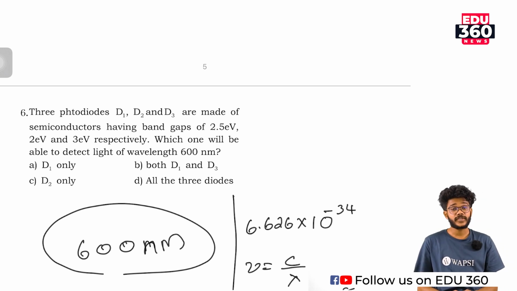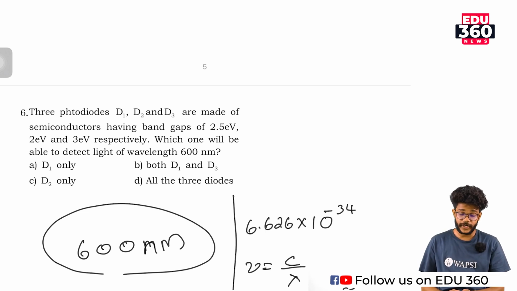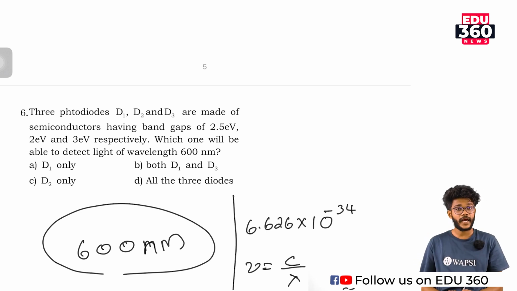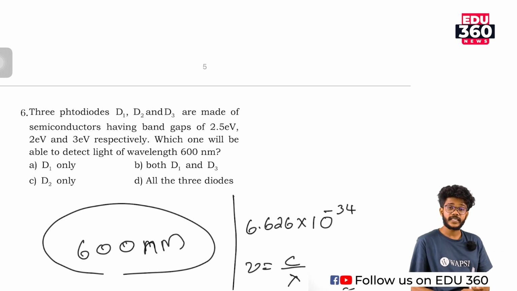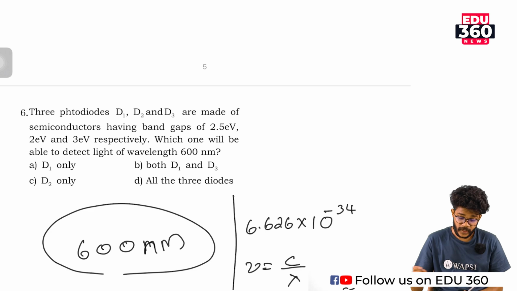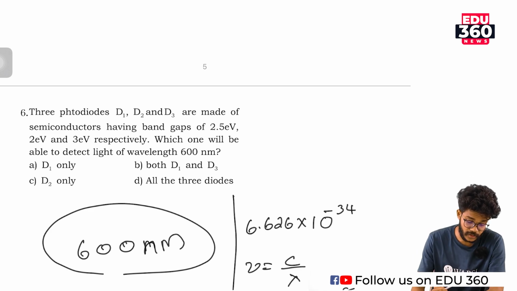Our wave's energy is less than 2.5 electron volt and also less than 3 electron volt, because our desired energy is 2 electron volt and it is only satisfied by the second diode, 2 electron volt. So we can move to the next question.